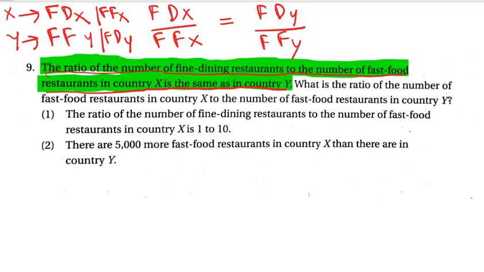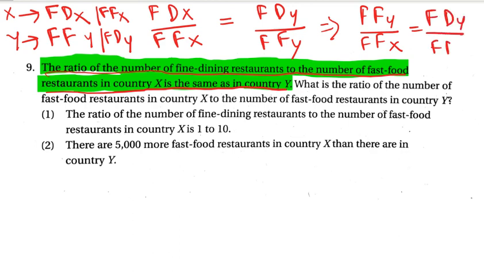Now from here, once we have got this, we can write this as FF of Y by FF of X is equal to FD of Y by FD of X, right?